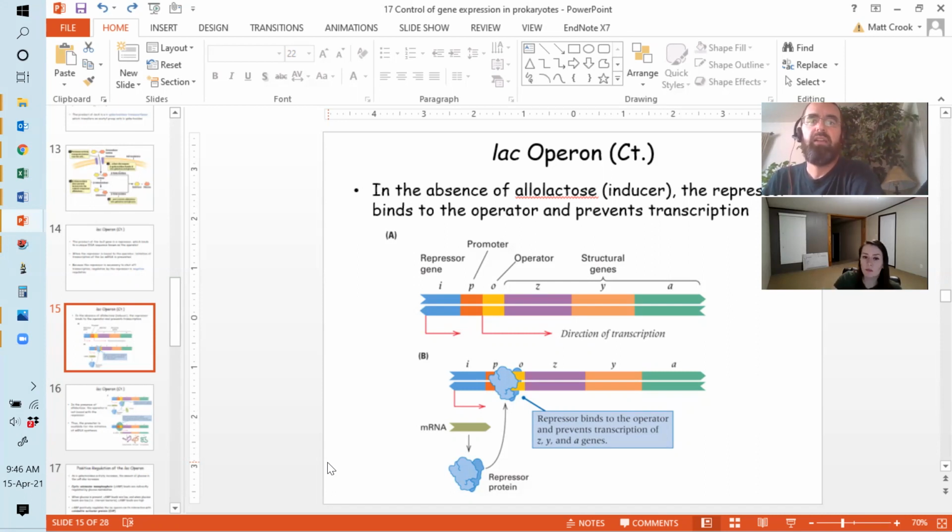I don't know if lactose does it by occluding the DNA binding site of LAC-I, or changing its shape such that it can't bind DNA. I'm not actually 100% sure which it is. But the outcome is that that protein cannot bind DNA if lactose is bound to it.